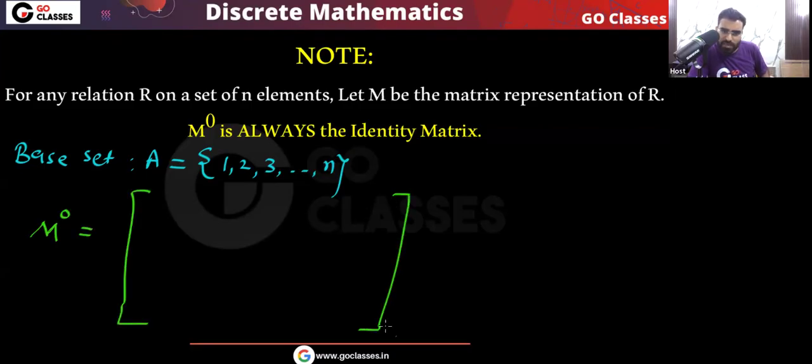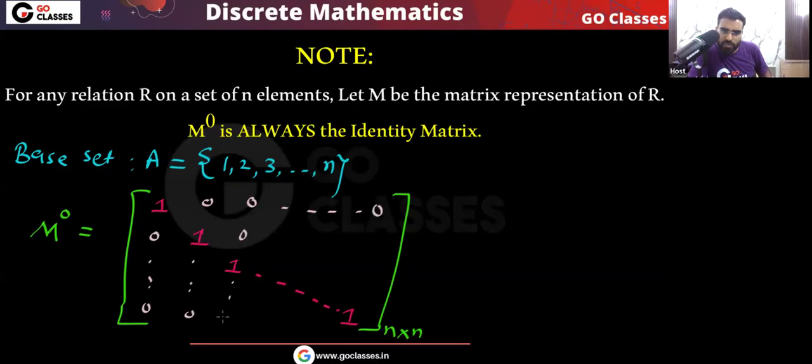Always. And what is the identity matrix? In the identity matrix, the main diagonal elements are all ones, and all the remaining elements are zero.